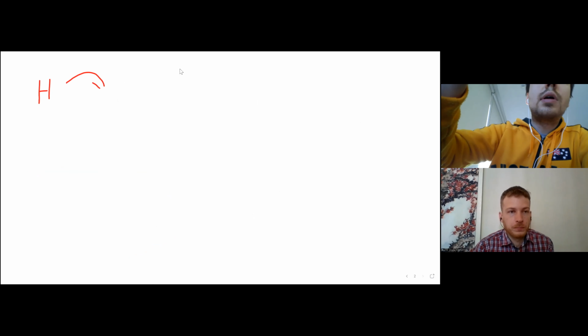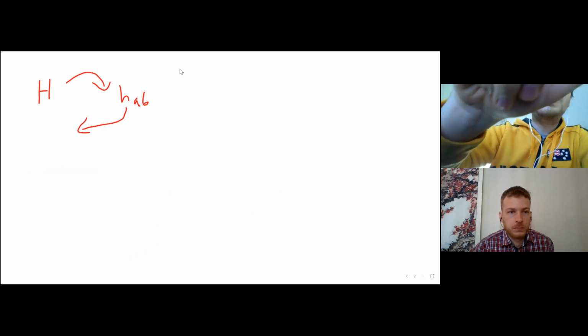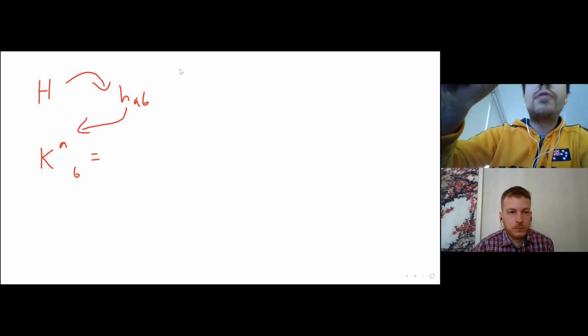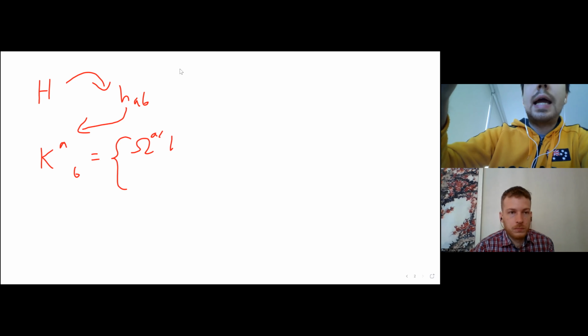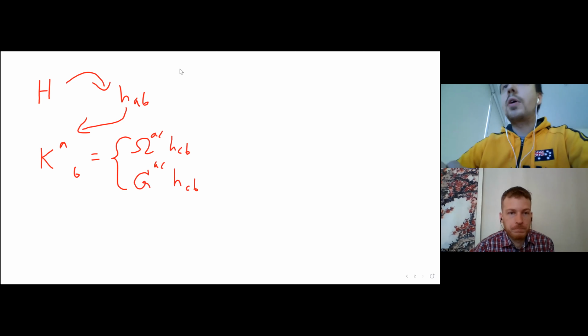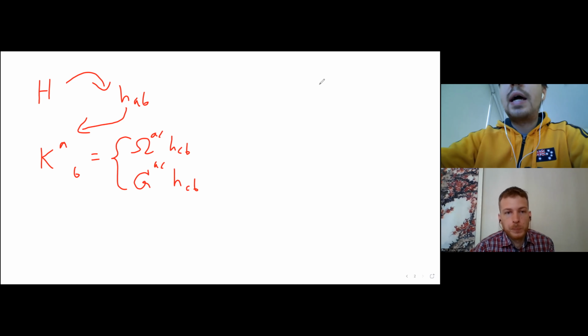H gives rise to this H_AB, and this H_AB gives rise to a K_AB, which is defined as omega_AC H_CB for bosons and G_AC H_CB for fermions. I just remind you, this is bosons, and this is fermions.